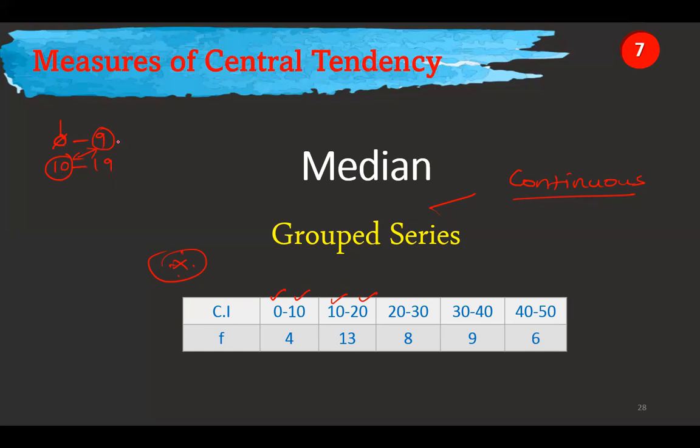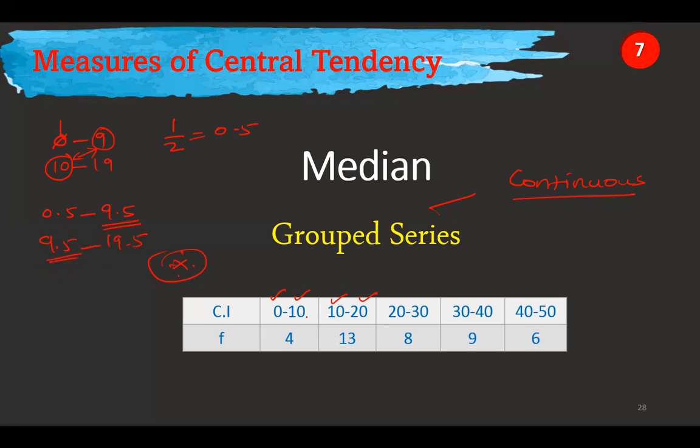The difference is 1, divided by 2, so it is 0.5. Whenever I want to make it a true class interval, I write 0.5, subtract it from the lower limit and add it to the upper limit. So it is 9.5 and 19.5. Thus, I make this continuous and I will be using it.